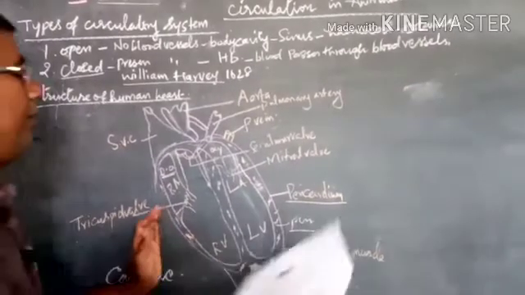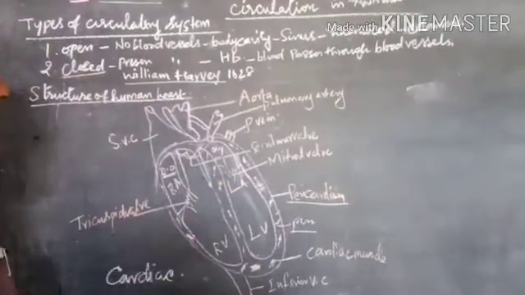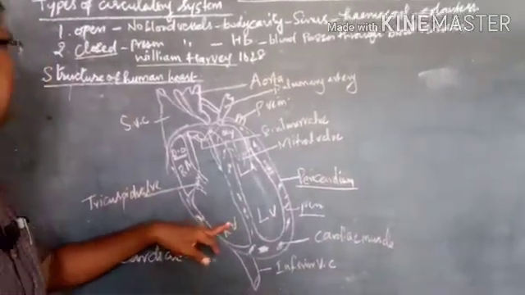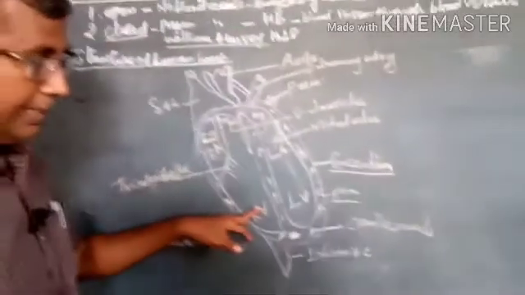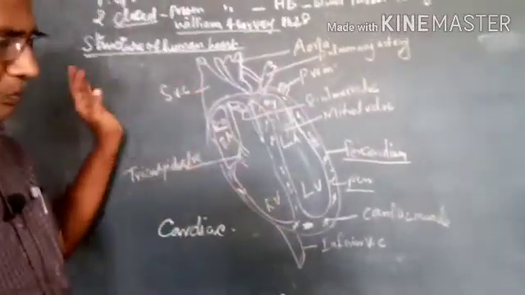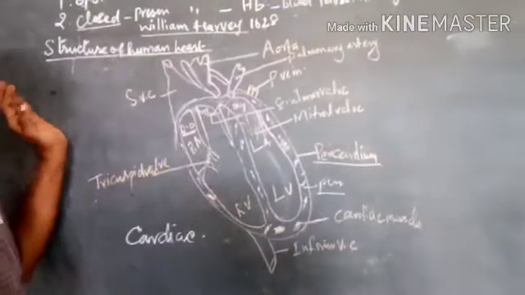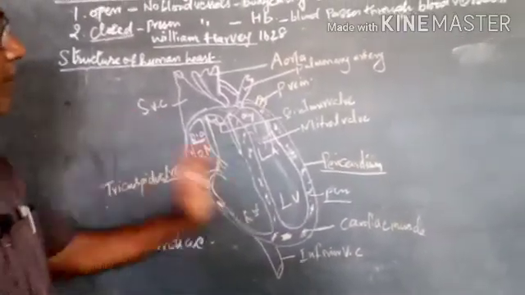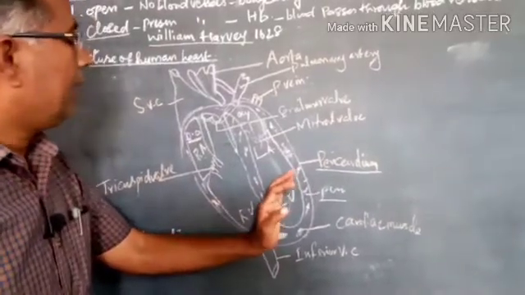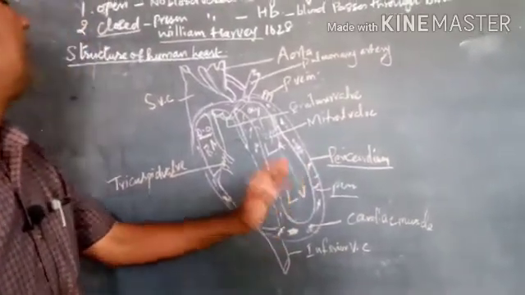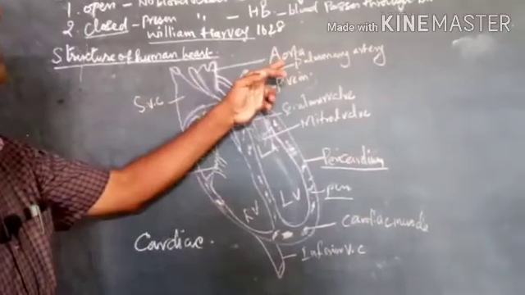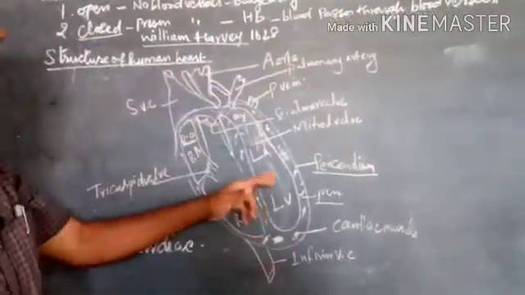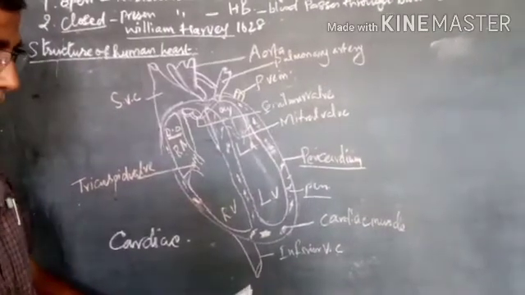Now the ventricles contract. The deoxygenated blood passes to the lungs through the pulmonary arteries. At the same time, the left ventricle pumps the oxygenated blood through the aorta. The aorta supplies oxygenated blood all over the body.